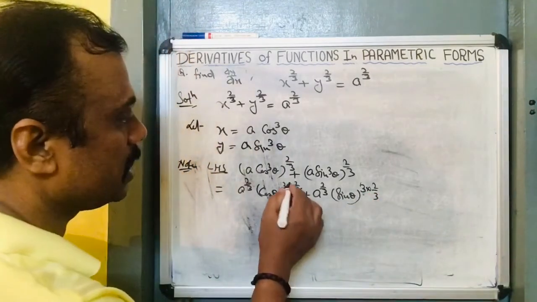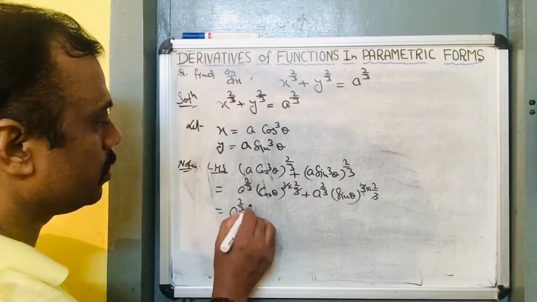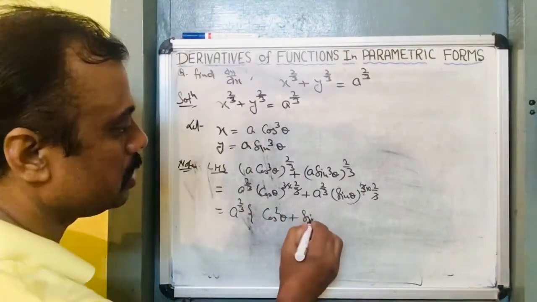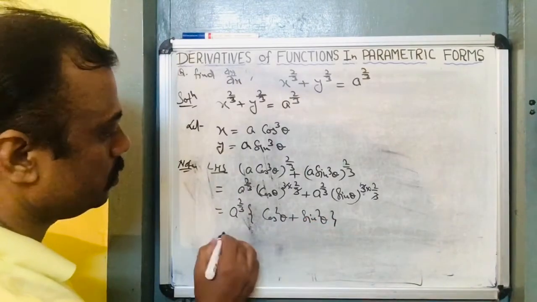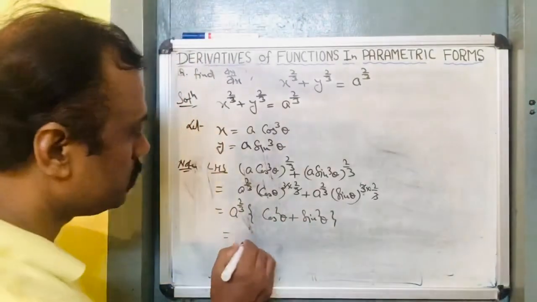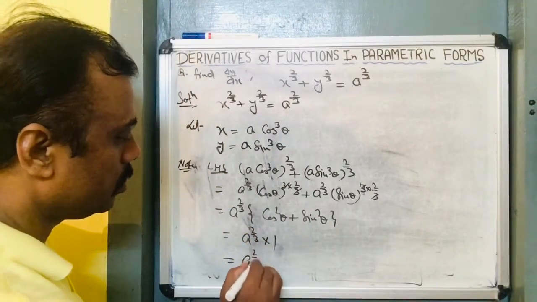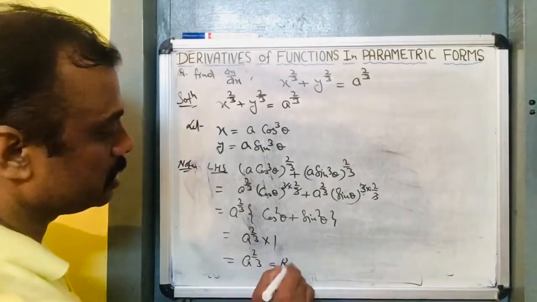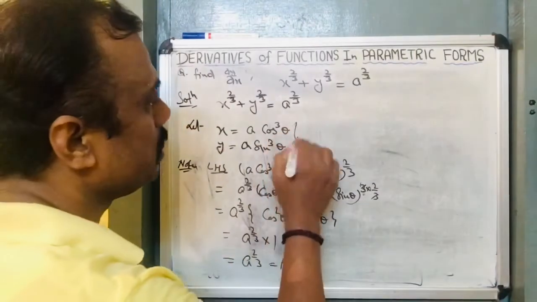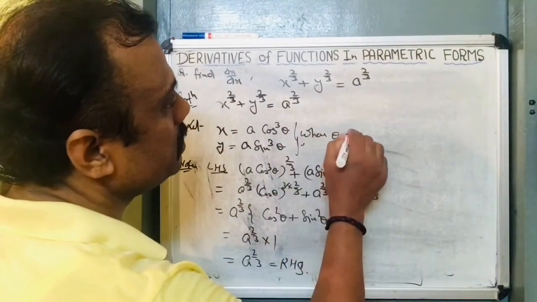You can see the 3 cancels. So taking a to the power 2 by 3 common, here we will get cos square theta plus sine square theta. Cos square theta plus sine square theta is 1. So we will get a to the power 2 by 3, which is the RHS. So we can take this, where theta is the parameter.